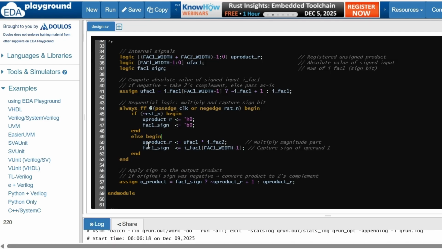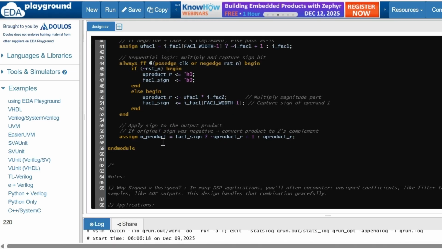So now basically what we have done, we have evaluated the multiplication expression in terms of unsigned numbers, and also we have registered the information of the sign bit of our signed input factor.